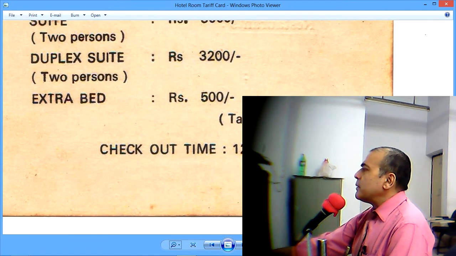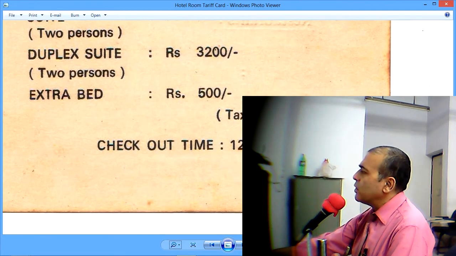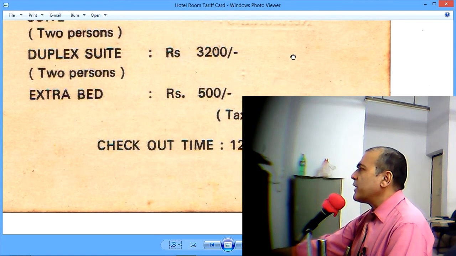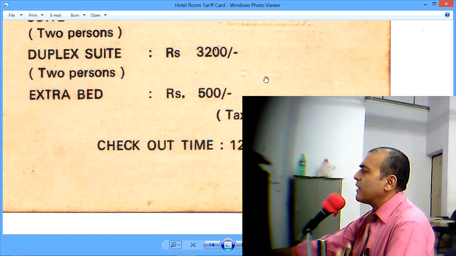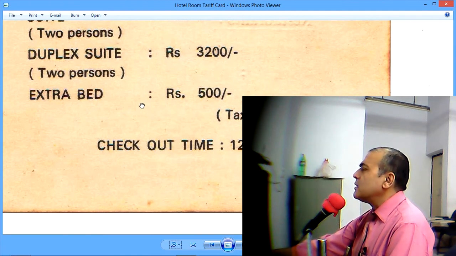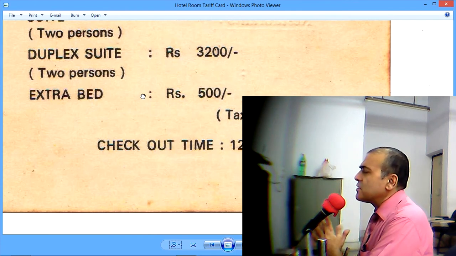Taxes as applicable means taxes keep on changing. Government changes, the policies change, and tax rates also change. In India right now we have GST, and GST also has three major slabs, starting from 12%, 18% to 28%. But even that keeps on fluctuating depending on the government's policies, decisions.